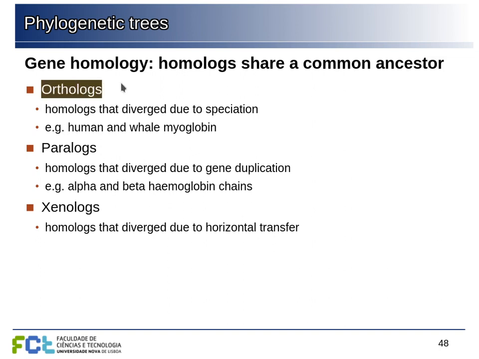In orthologs, the genes diverged due to speciation. For example, human myoglobin and whale myoglobin are different because along the lineages from our last common ancestor, these myoglobins were accumulating different mutations in the human and the whale lineages, and so now they are different.